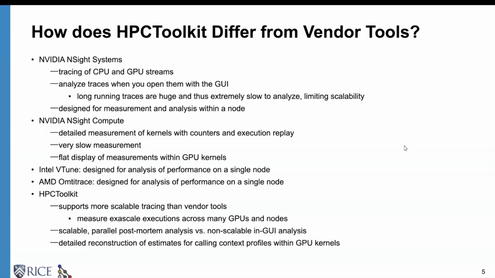HPCToolkit supports measurement and analysis on a single node, but also across a whole exascale system. We've collected data on tens of thousands of MPI ranks and thousands of GPUs or GPU tiles. I'll talk a little bit more about that as we go through and show you some examples of successes measuring and analyzing things at scale.